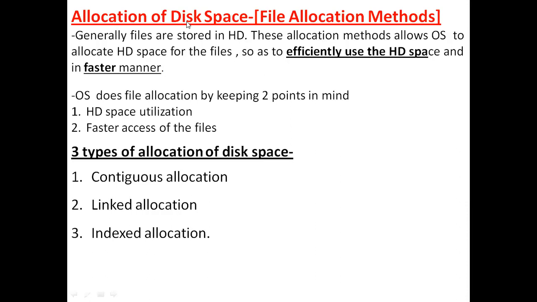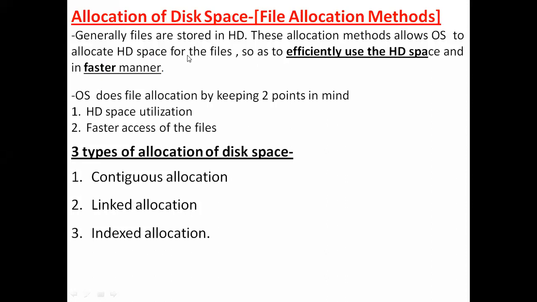How are we supposed to allocate the space for the files so that the file can be accessed in an efficient manner, and the hard disk space is also used efficiently? These allocation methods allow the operating system to allocate or reserve the hard disk space so that the files can be stored.